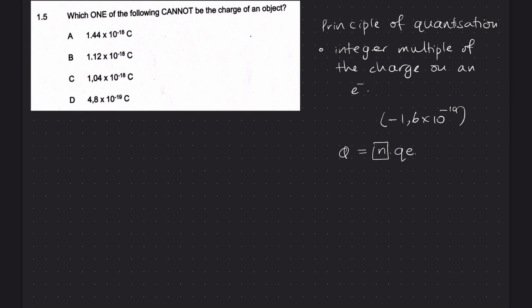Right, so let's test. A is 1,44 times 10 to the negative 18. So Q equals N times QE. 1,44 times 10 to the negative 18 is equal to N multiplied by minus 1.6 times 10 to the negative 19. You solve for N, dividing both sides by minus 1.6 times 10 to the negative 19.